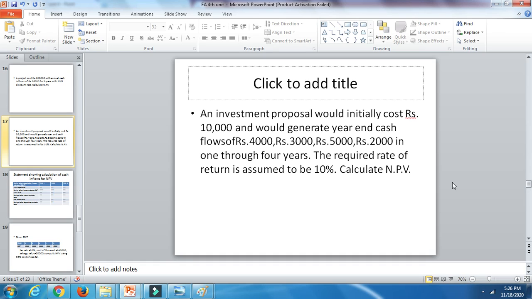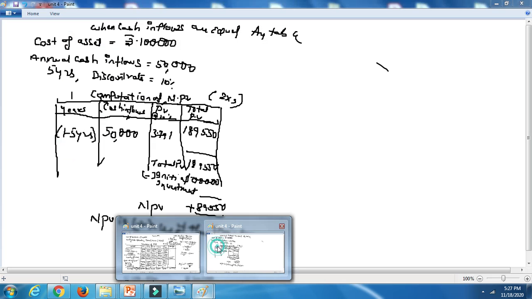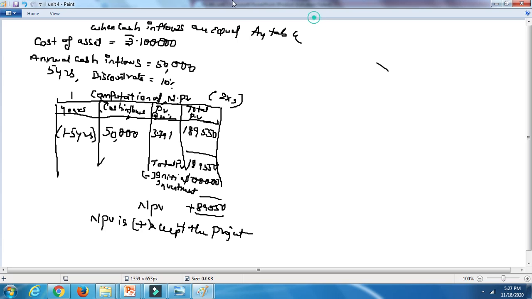The required rate of return is assumed to be 10%. Calculate NPV. So let's do this problem also. This was the first problem of NPV, and this would be the second problem.